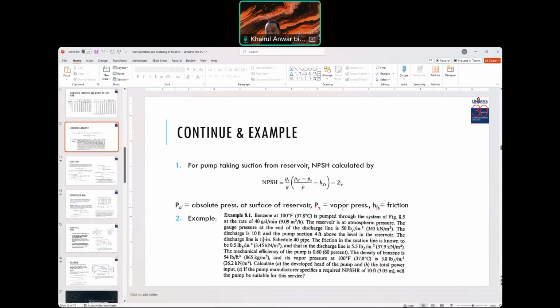PV is the vapor pressure of the fluid the pump would like to transport. HFS is the friction. Example 8.1, benzene at 100 degrees Fahrenheit comes to the system in figure 8.5.